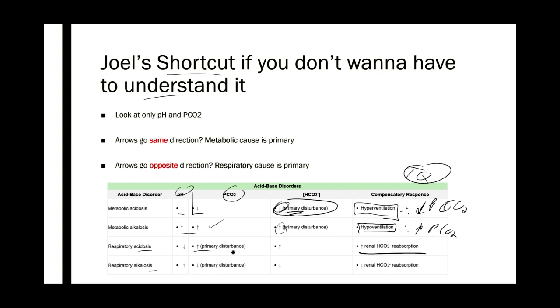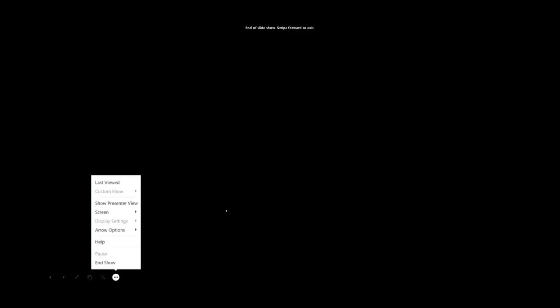You're blowing off too much CO2, and that means there's not enough CO2 in the blood. In response, the kidney will decrease its reabsorption of bicarb, and less bicarb in the blood means less of something that is alkaline, which means a shifting of the pH to a more acidic state. Okay, that does it.